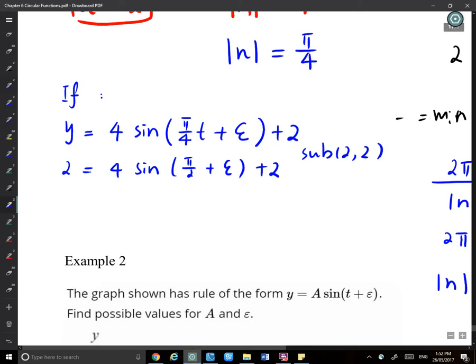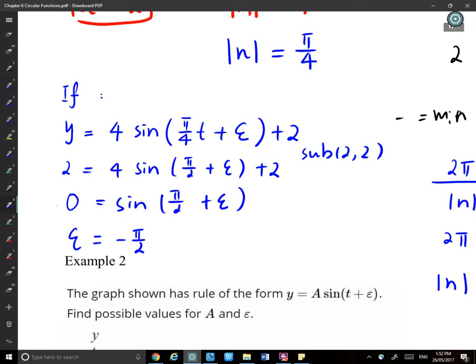So 0 equals 4 sine of pi over 2 plus epsilon. Again, there will be more than one possible answer for that. The one thing I can see really easily is that epsilon can be negative pi over 2. Pi over 2 minus pi over 2 is 0, sine 0 gives me 0. That's one possible answer, right?